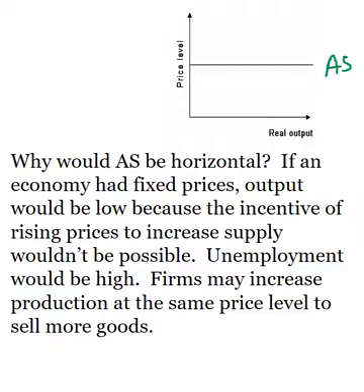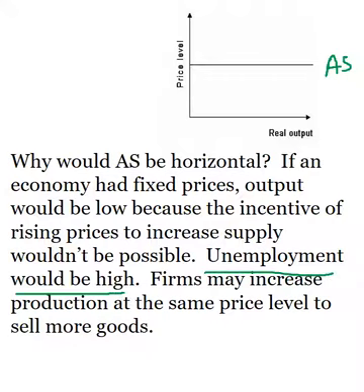Of course it would. This is kind of like putting a price ceiling on everything in the economy. Nothing can change. So you're not going to want to produce much stuff. There's no incentive. There's no profits because prices can't go up because prices are fixed. So if output is really, really low, that's going to make unemployment go up.